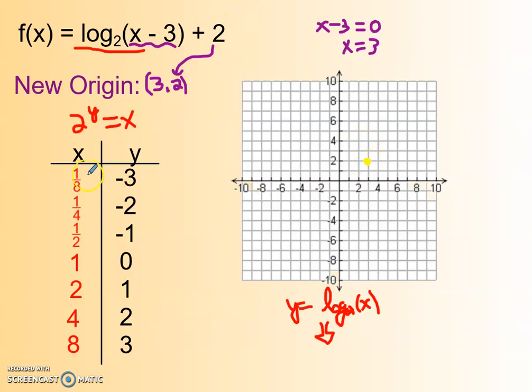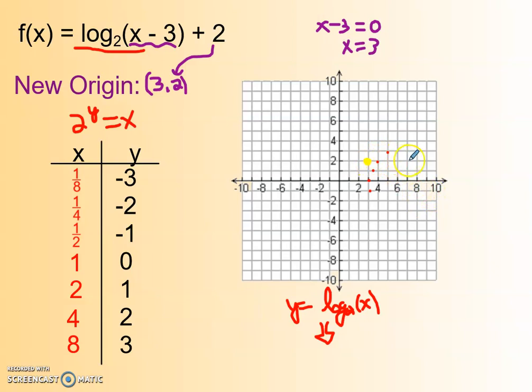From the new origin, first I move right 1/8 and down 3. Holy smokes, barely off that value, down 3 there. Right 1/4, down 2. Right 1/4, down 1, 2. Right there. Right 1/2, down 1. Oh, there it is. Right 1, up 0. Boom. Right 2, up 1. Right 4, up 2, from the new origin.